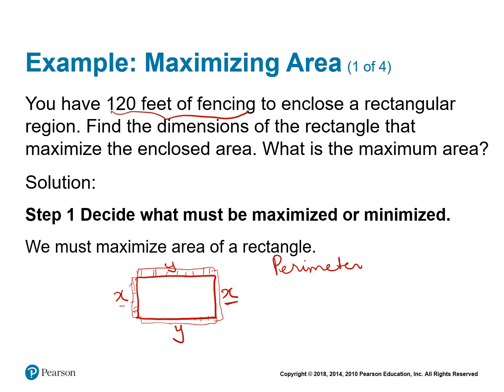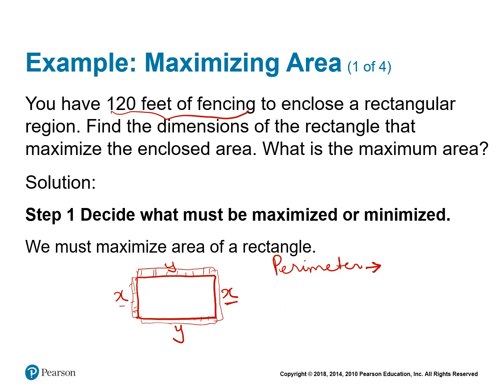That means perimeter represents the length all around the rectangle. So this is y plus x plus y plus x, which means 2 times x plus 2 times y. That's the formula for the perimeter of any rectangle.